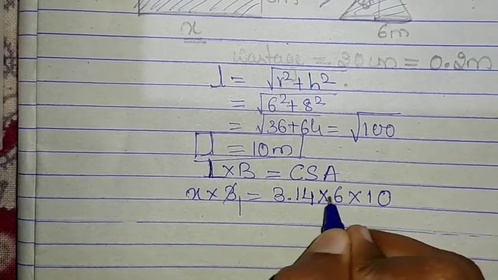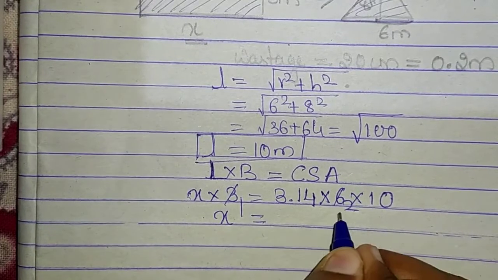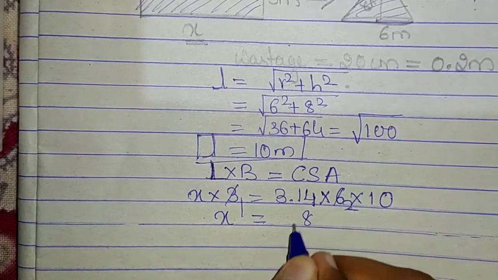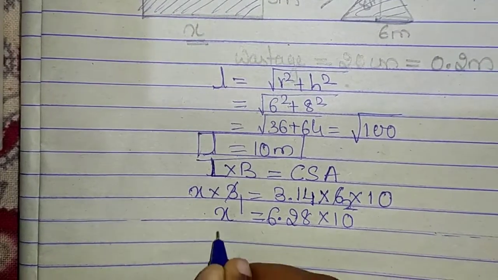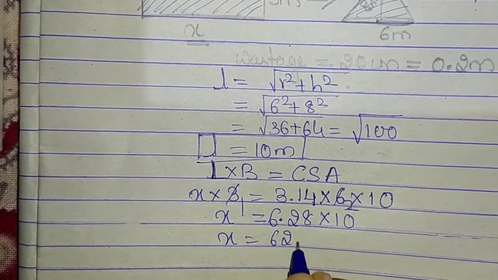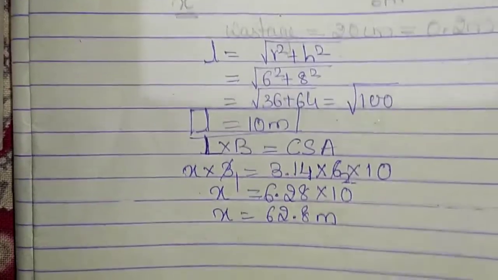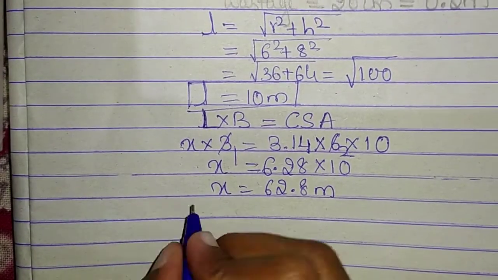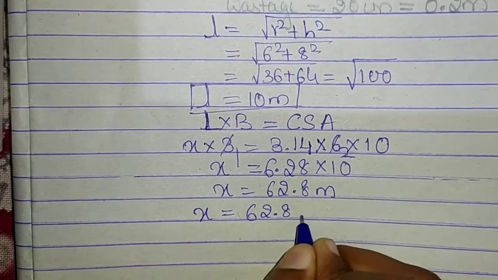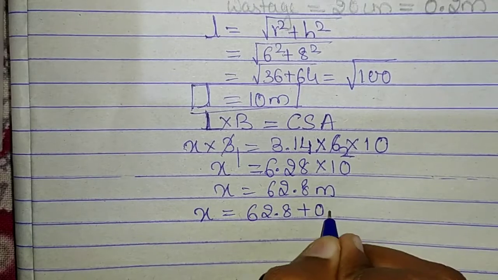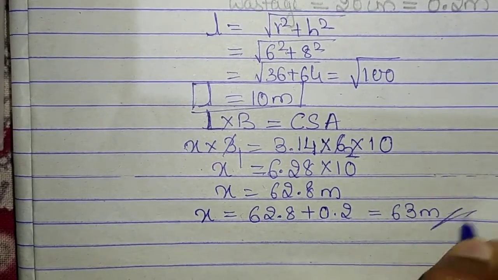So 3 ones are 3, 3 twos are 6. This implies x is equal to 3.14 into 6 into 10 divided by 3, so x is equal to 62.8 meters. This is the length of the tarpaulin, but there is also wastage. So x will be equal to 62.8 plus 0.2, which will be equal to 63 meters.